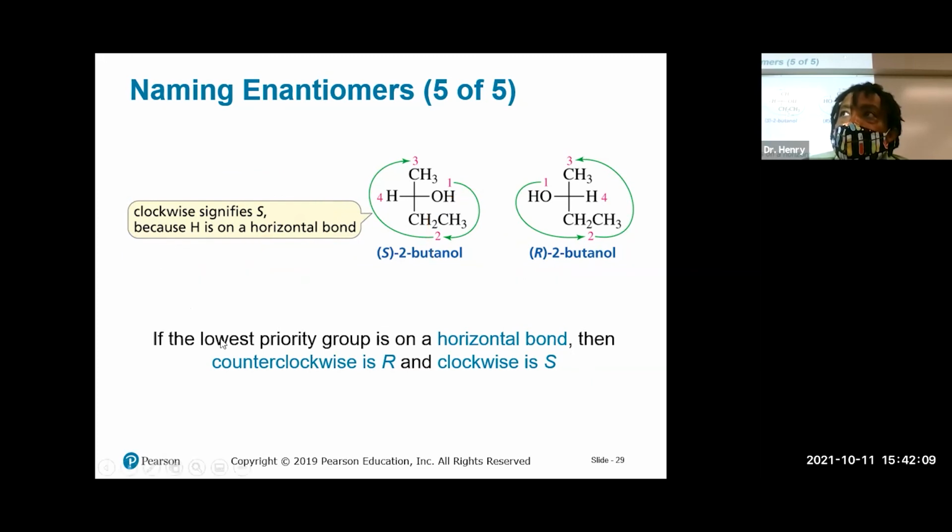Okay, so if the lowest priority group is on the horizontal bond, so then that's 1, 2, then in this case, counterclockwise is R, clockwise is S. So that's 1, 2, 3.